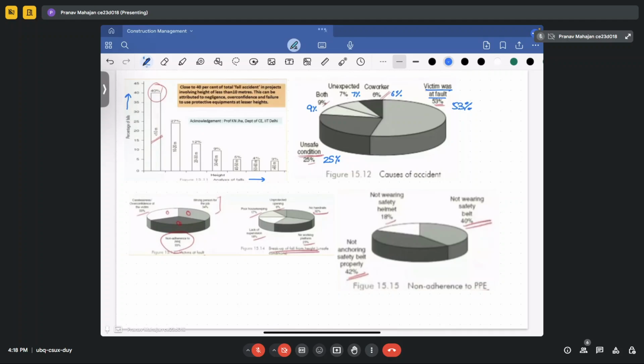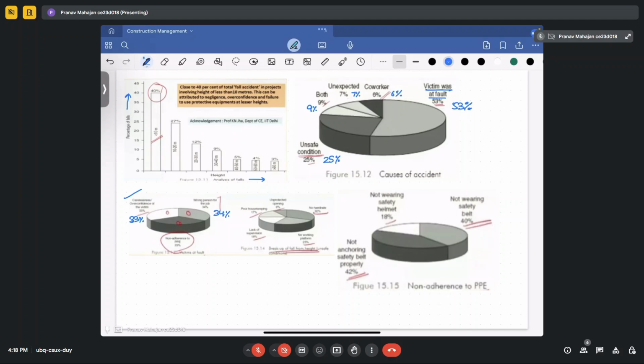One is overconfidence or carelessness of the victim, which contributes 33% of the accidents. Another is the wrong person for the job. That means you have assigned a person who is not capable of doing that job on the site, and he may get involved in certain activities that may lead to negligence and cause the death of that individual.